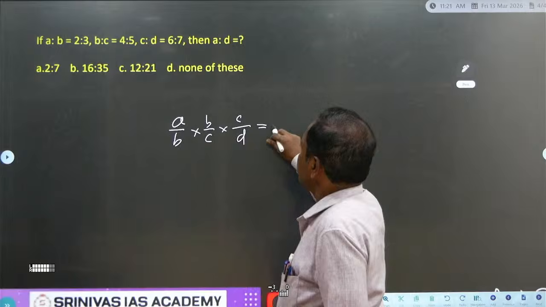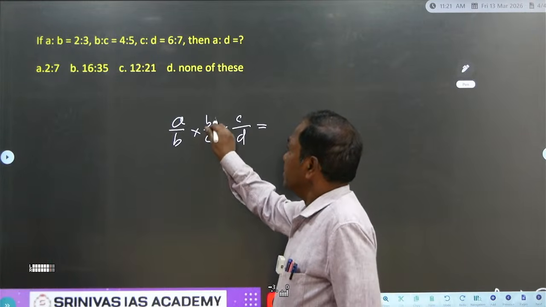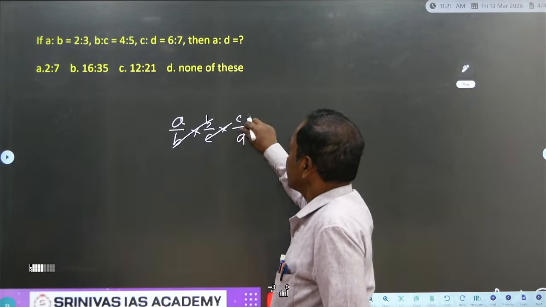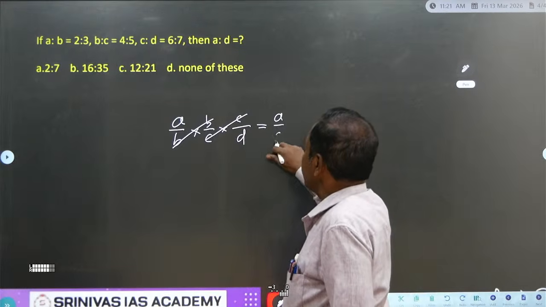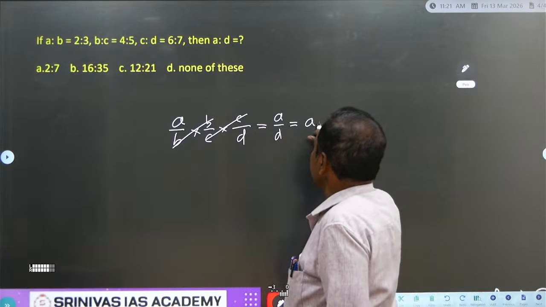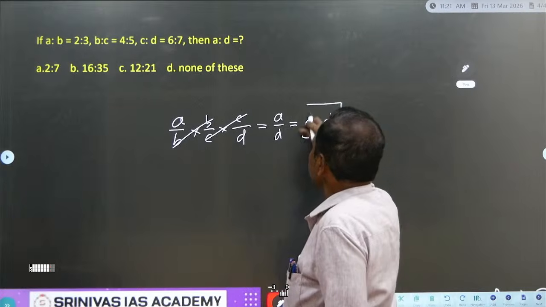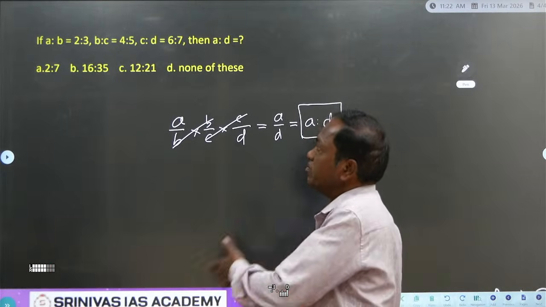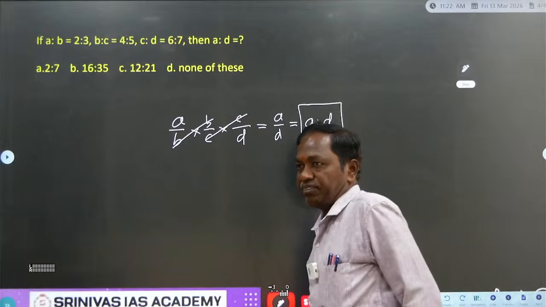See, A is to D we will get. Now you can see the B and B cancel, C and C cancel. What is remaining? A by D. It means A is to D we will get. First term, last term we will get. Any numbers, any ratios can be done like that.